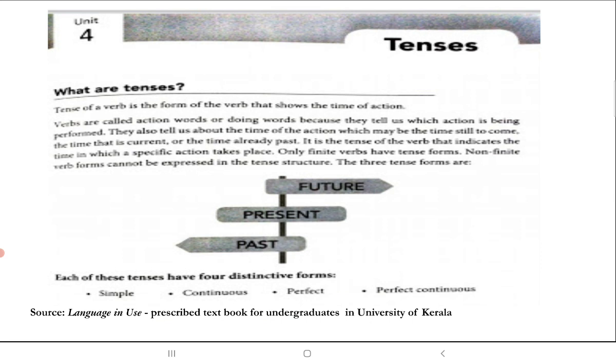Similarly, simple past, past continuous, past perfect, and past perfect continuous. Again, simple future, future continuous, future perfect, future perfect continuous. You might definitely be familiar with these four distinctive forms of tenses in your lower classes. Now let us look into these forms in detail with the help of examples.